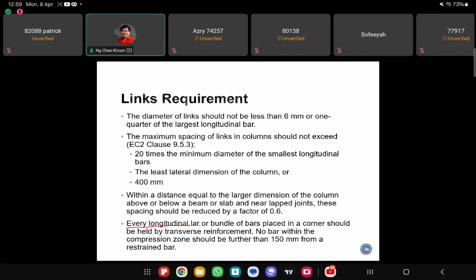And then every longitudinal bar or bundle of bars placed in the corner should be held by transverse reinforcement. So no bar within the compression zone should be further than 150 mm from a restraint bar.